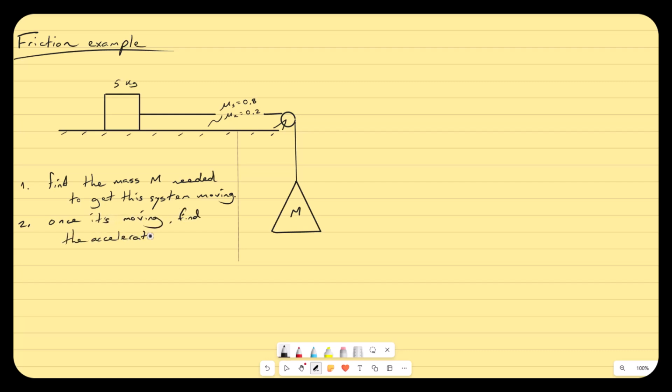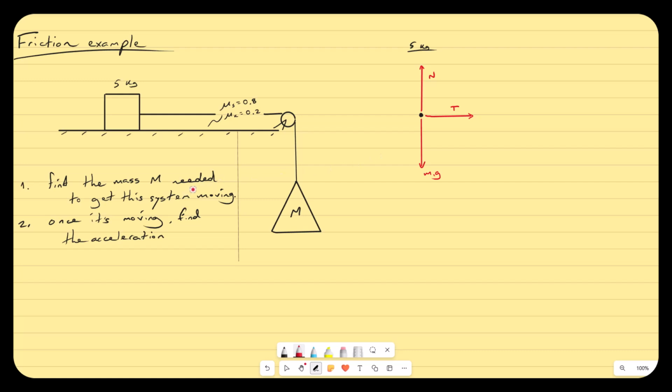Here we go. I'm going to start with a free body diagram. That is a good place to start. So for the block, this thing's got a mass of 5 kilograms. I'm going to want that label later on anyway, so there it is. Here are my forces. Straight down, M1G. Straight up, normal force from the table. To the right, I have a tension force.